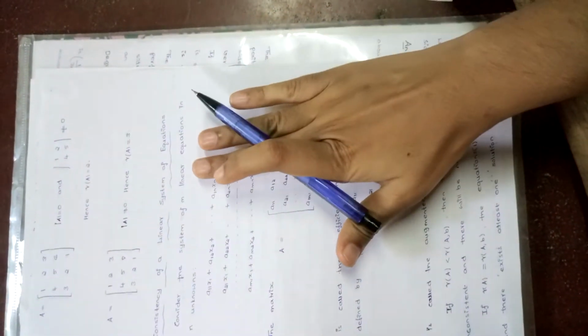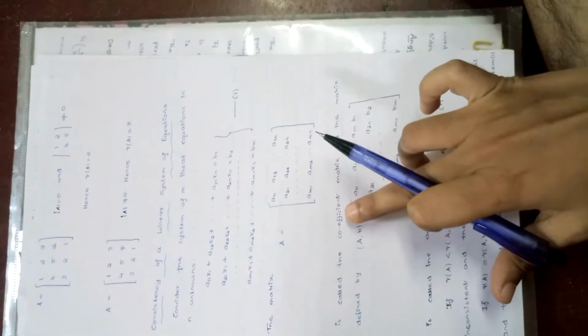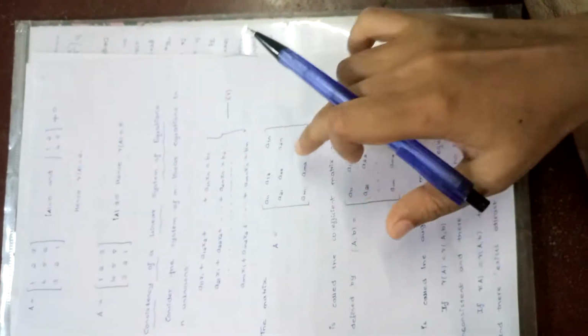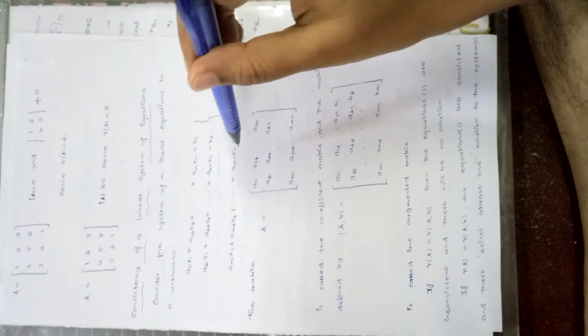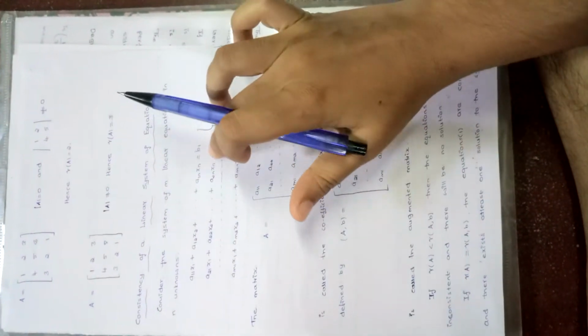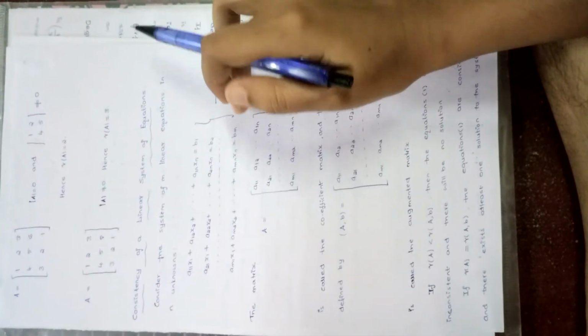The constants of the left hand side, when we write them in matrix form, give the coefficient matrix. When we add the right hand side constants to the coefficient matrix, we get the augmented matrix. Now if rank of A is less than rank of A comma B, then we call this system inconsistent and the system has no solution.